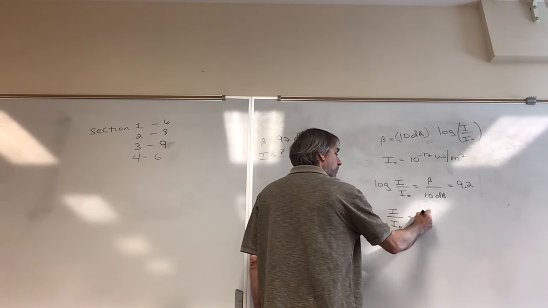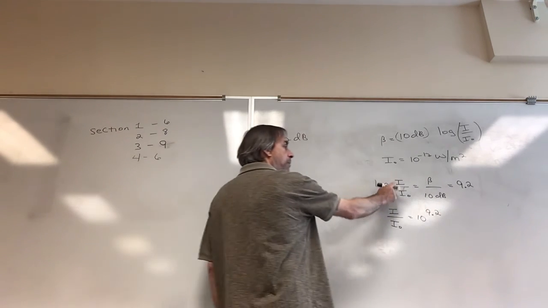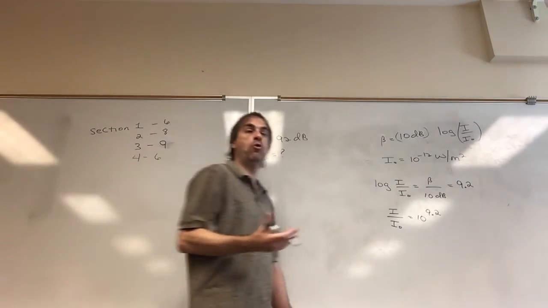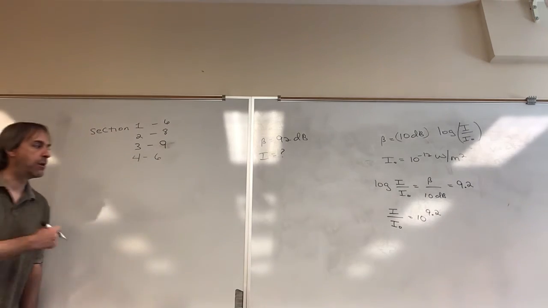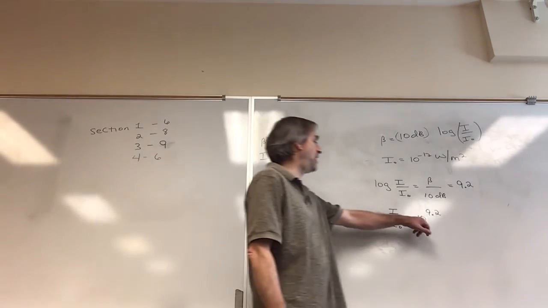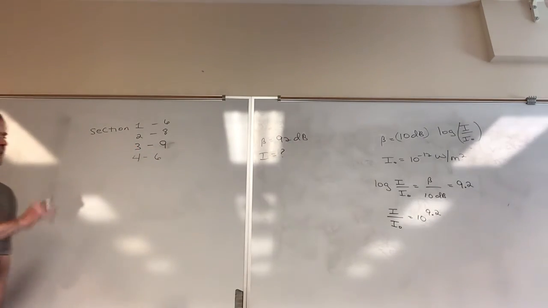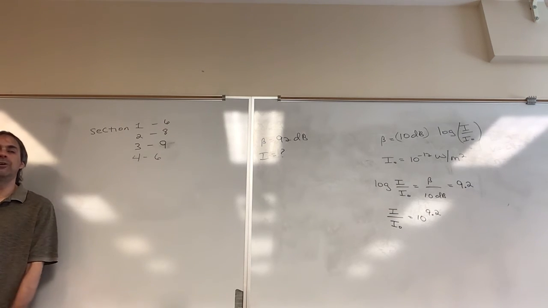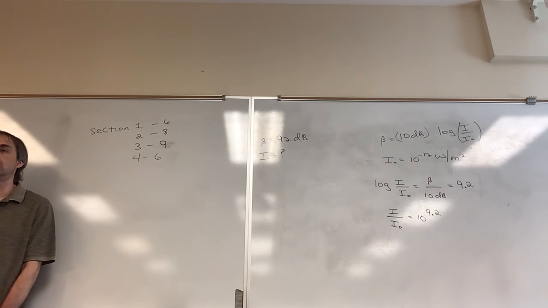Yes. Remember, when you have the logarithm of something equals 9.2, that 9.2 is the exponent. And we're dealing with a base 10 logarithm, so we have 10 to the 9.2. Now I think this is on the formula sheet as well. It's one of those things where you've seen it, but if you don't use it much, you never really learn it. You've all seen it before.